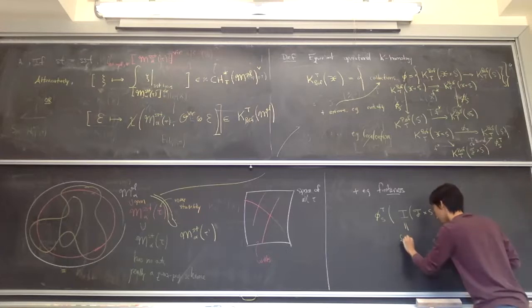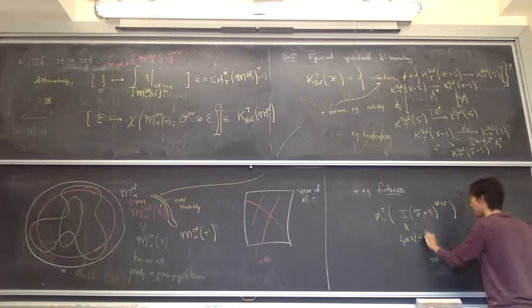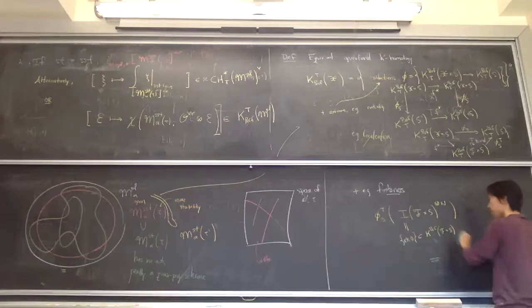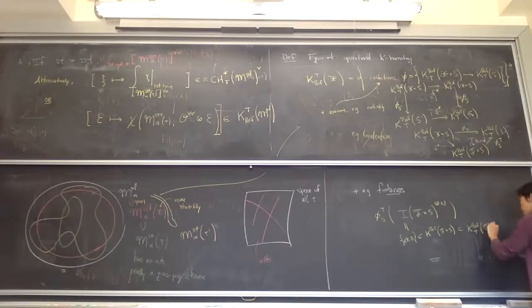This is rank 0 things inside the non-equivariant K group perf of F cross S, which of course sits inside the equivariant K group of F cross S. If you apply to some high enough power of this augmentation ideal, this should sit inside the augmentation ideal of the base, maybe also to the same high enough power, maybe up to some constants.